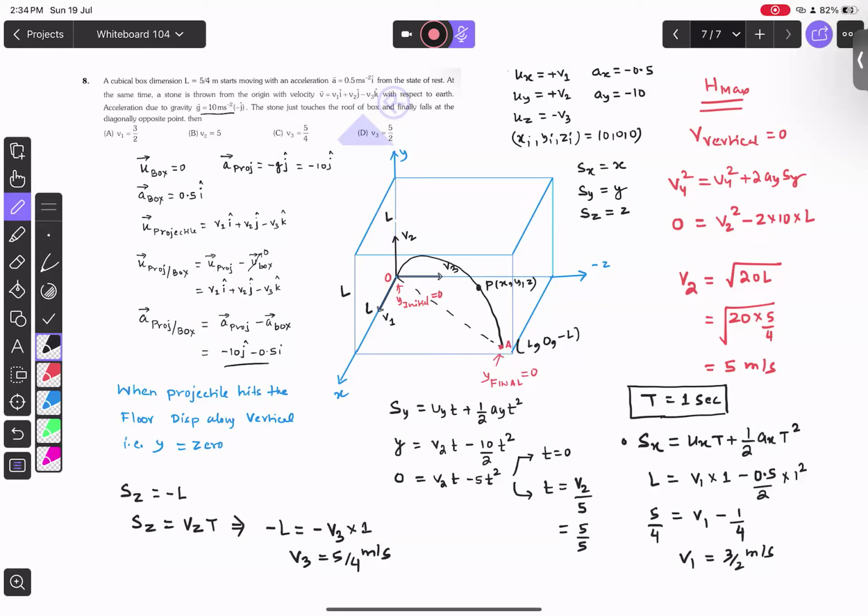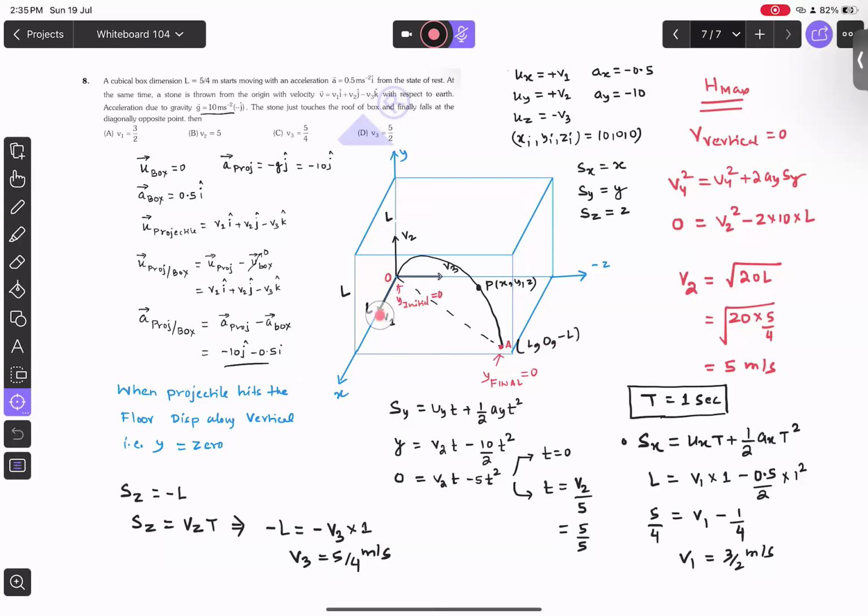Each side is of length L. So what is the coordinate of point A, the diagonally opposite point? If you go to the opposite corner on the floor, how much have you traveled along x and z? This is minus z. So how much have you traveled along minus z? L. So z coordinate is minus L.